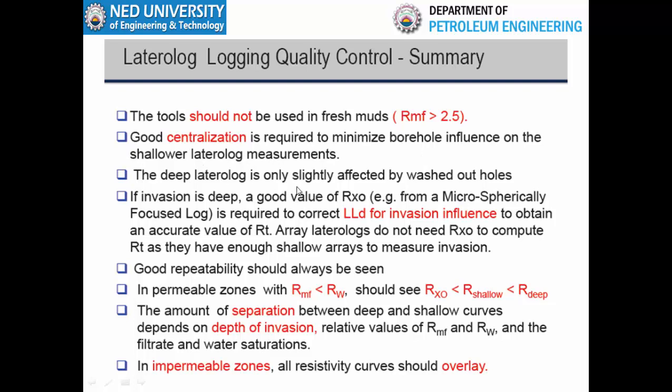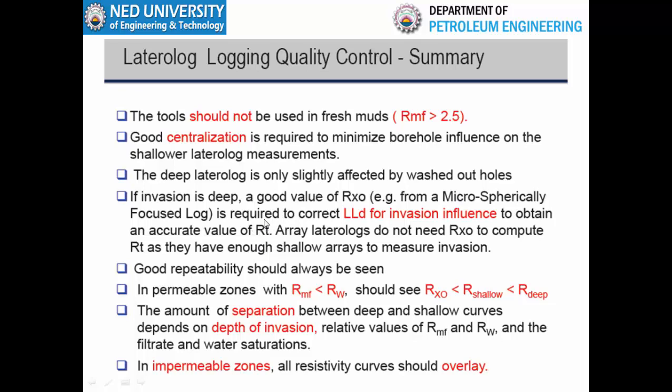The deep lateral log is only slightly affected by washout holes. If invasion is deep, a good value of RXO is required to correct LLD for invasion influence to obtain an accurate value of RT. We will see how invasion is estimated through the resistivity log, and how invasion correction is applied to get a true value of RT.